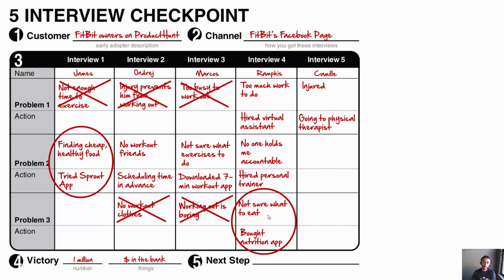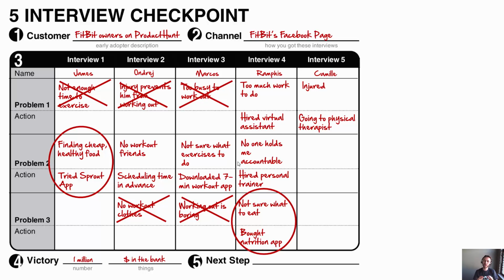Ramphis had a problem where he's not sure what to eat to meet his fitness goals, and so he bought a nutrition app in the App Store. So these are 2 actions. They're taking separate, different actions, but they're trying to solve the same problem. So that's good. That is a pair of problems, but it's only 2 out of the 5 people that I've talked to. So that's not quite enough in my book.